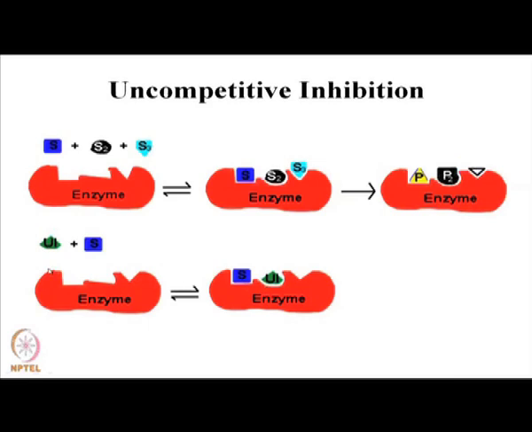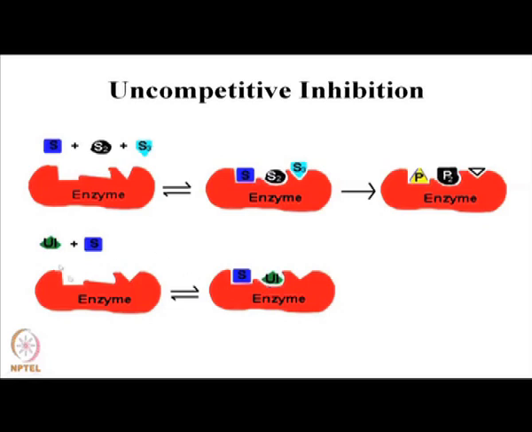So, in presence of uncompetitive inhibitor, your substrate binds, okay, giving rise to enzyme substrate, and then uncompetitive inhibitor binds over here. Once it binds, then this S2 cannot access this site. So, reaction stops over here.